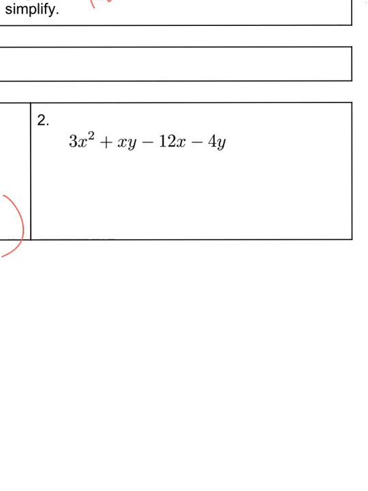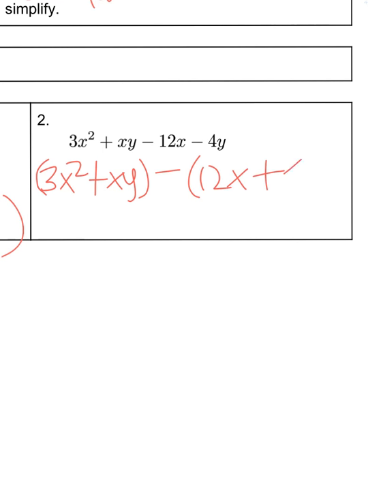So we're going to take 3x squared plus xy in parentheses, and we put the minus sign, and we put 12x plus 4y.